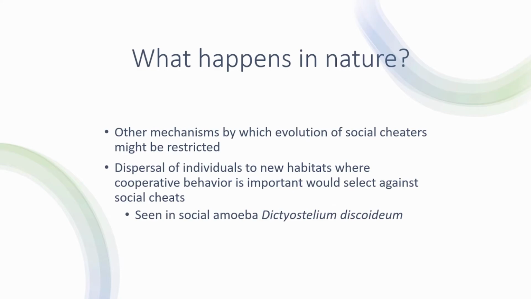And that slime is really important to protecting bacteria, and it only can happen if there's a lot of cooperation between them. So that is one of those examples where cooperative behavior is just too important to allow for the existence of social cheats. There are a lot of examples, but this is just one of those smaller examples.